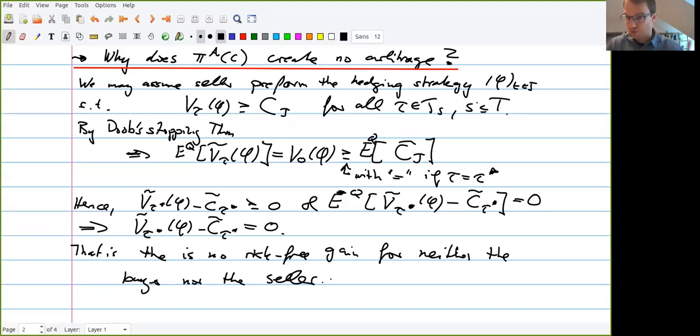Of course, if the buyer acts stupidly and exercises at the wrong time, you might create gains for the seller. But you have the rational assumption that all market participants have full information, so they perform optimally based on the given information.